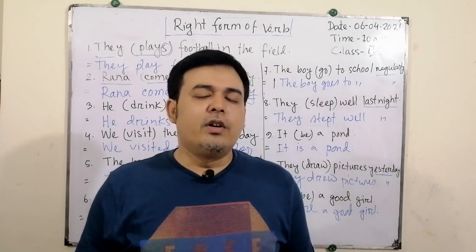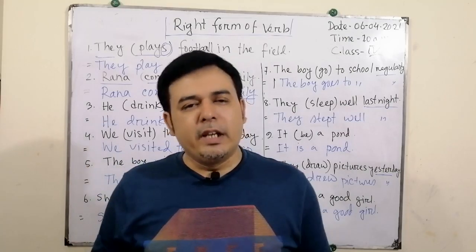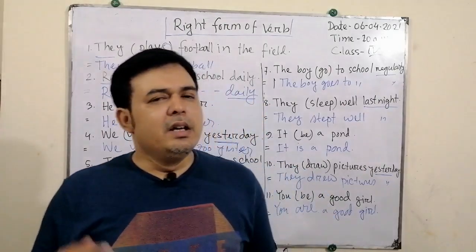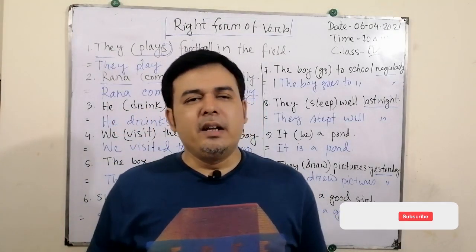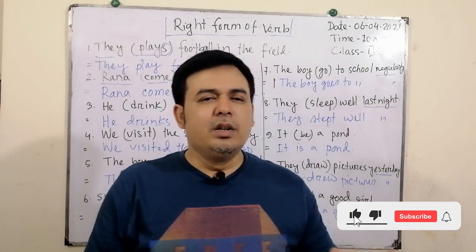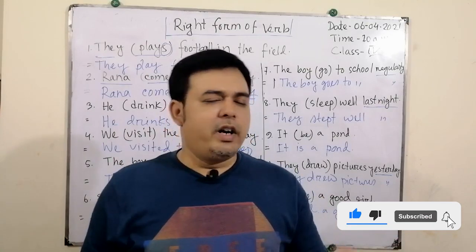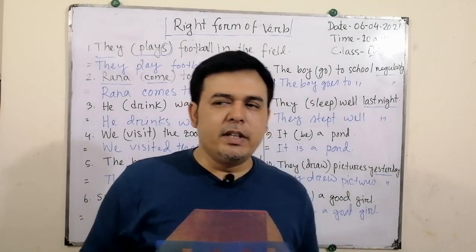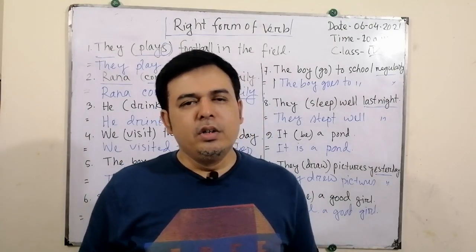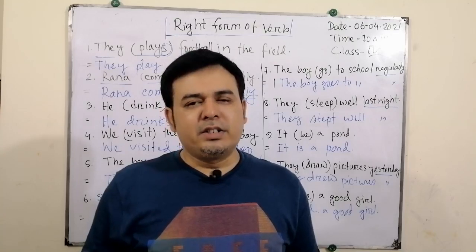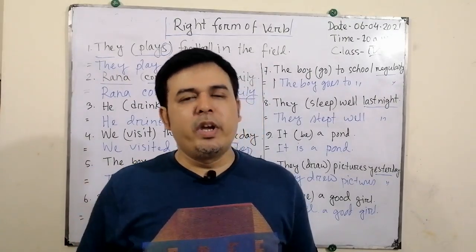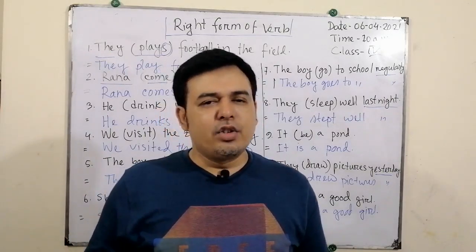For past indefinite tense you will get yesterday, last month, last week, last night, yesterday and last plus any other word. And for future indefinite tense you will get tomorrow, the next day, next month, next week, next year, these sort of words.